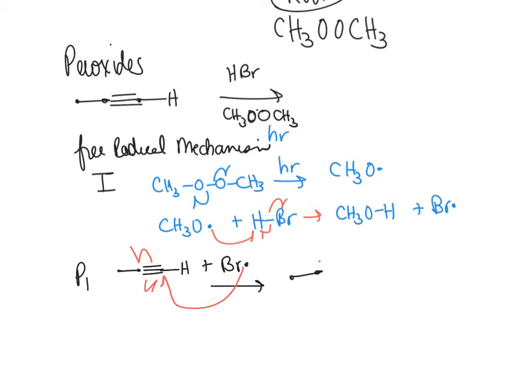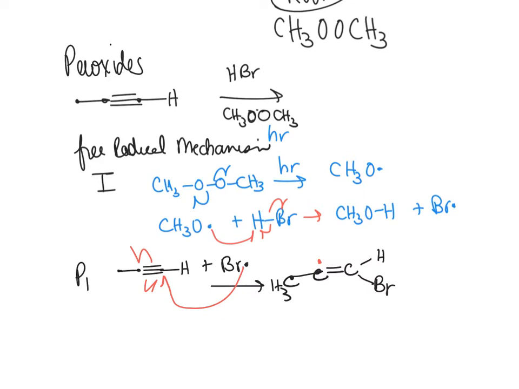So you're going to get the radical there. It's a vinyl radical. You can put in carbons if you want. That makes things easier for you. Hydrogen here and the bromine there. Okay, and there you go.